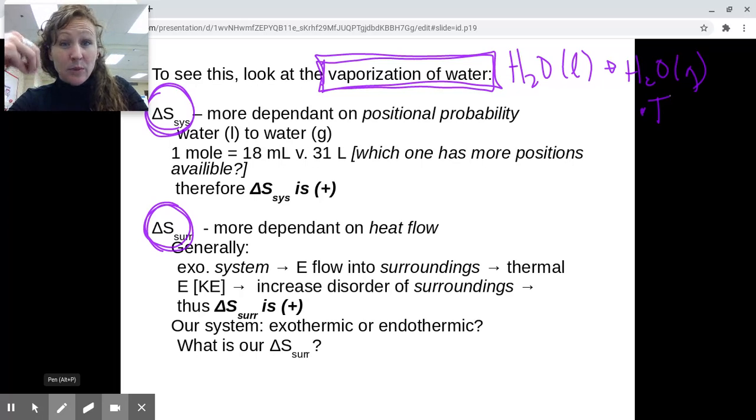It's probably going to be at a higher temperature, right? Water is liquid under 100 degrees Celsius. Water is gaseous above 100 degrees Celsius. Now that's true unless you're talking about water vapor.